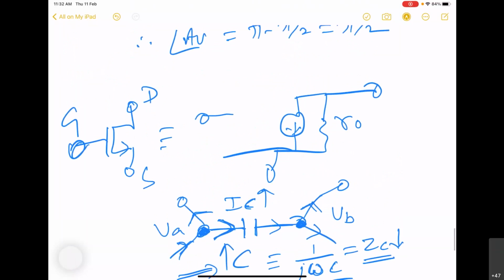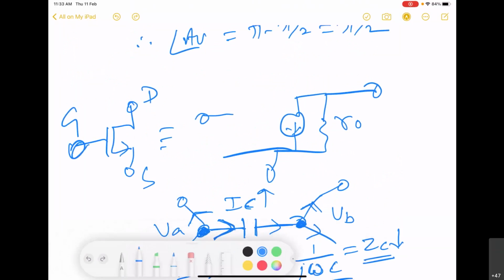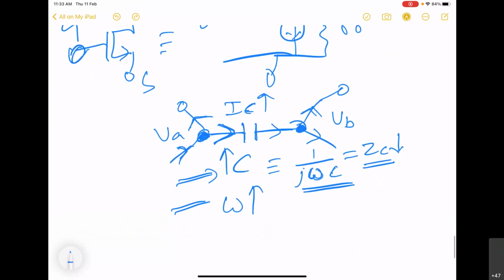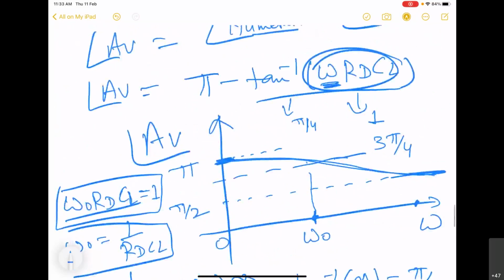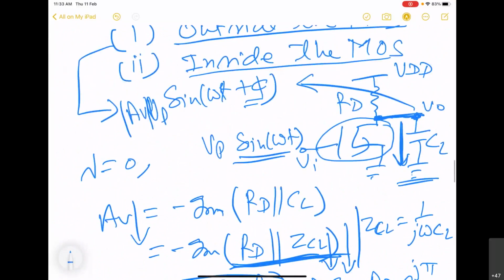So these capacitors occurring inside MOS are very small, and that is why their effect is visible only when frequency is very large. However, the capacitors occurring outside MOS will typically be large.